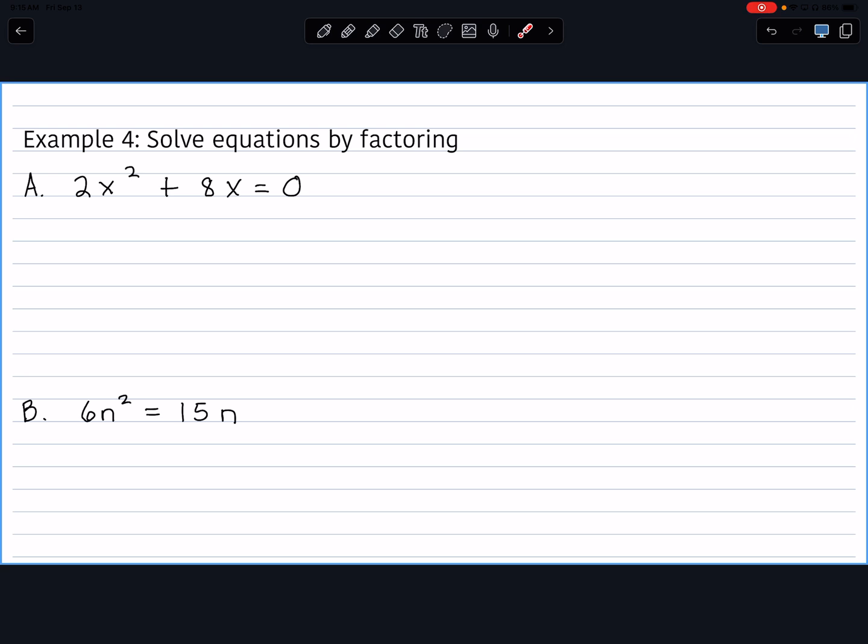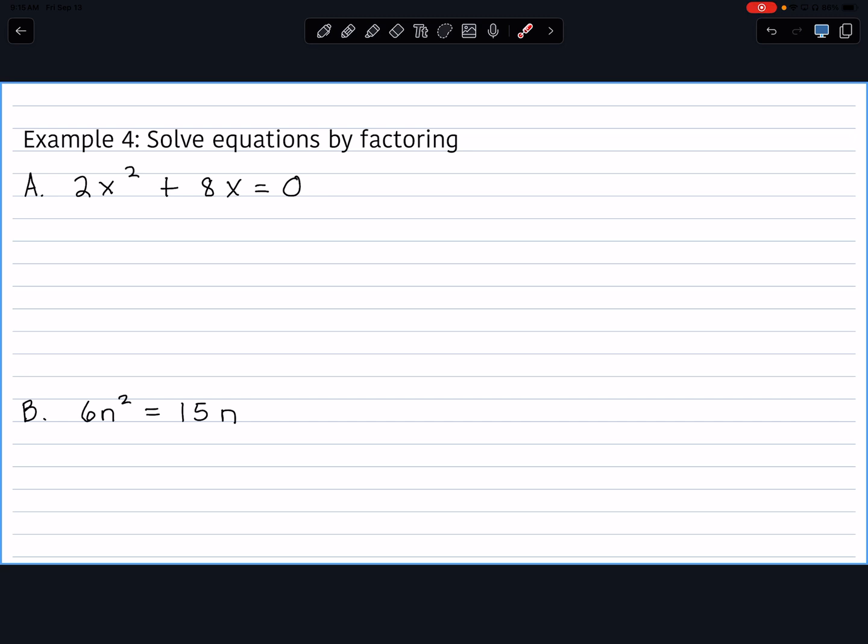Okay, so I want you to notice right now, we can't solve this because we want to use the zero product property, but we have two things put together through addition. I will show you what not to do in a minute. Let's show you what to do first. You always want to use the zero product property. So if one side is not set equal to zero, set it equal to zero using algebra. But in this case, we're good.